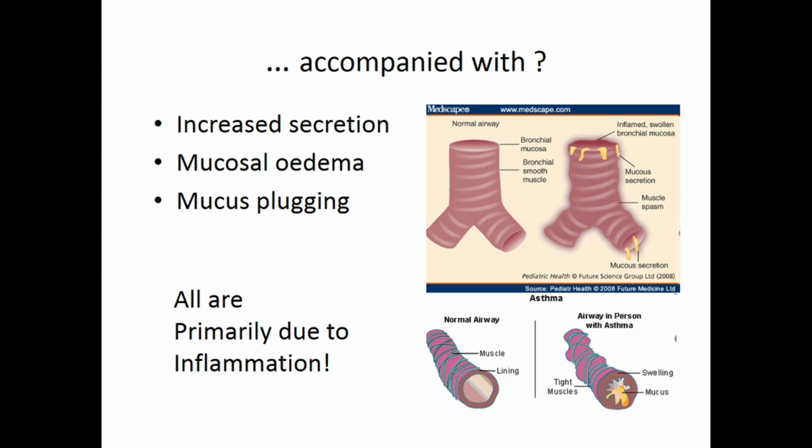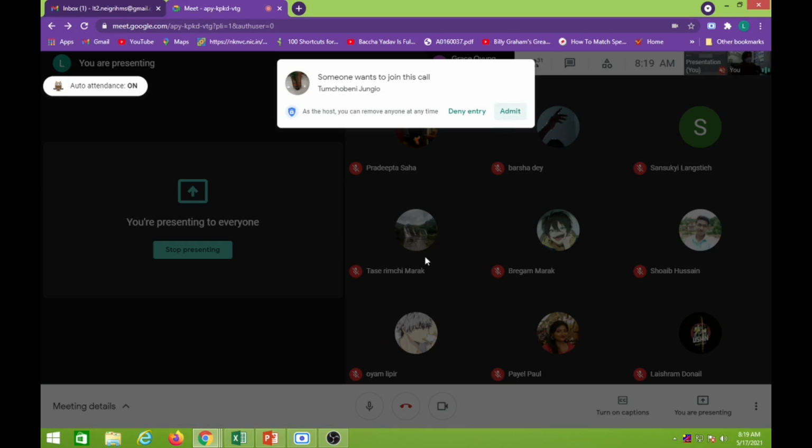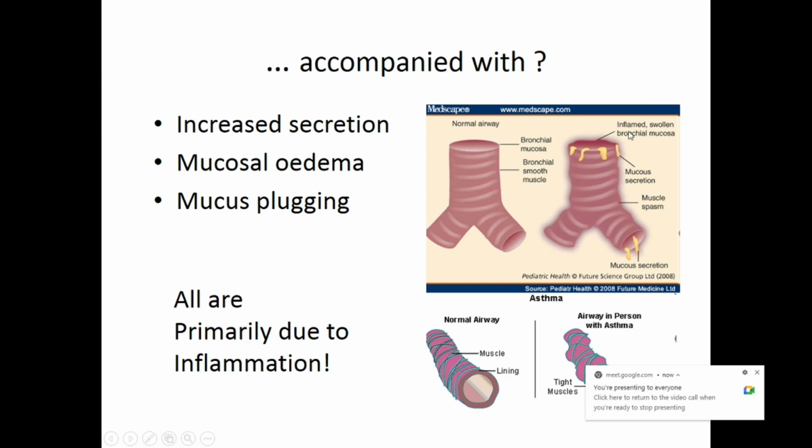A normal airway, which is very smooth, becomes inflamed and swollen, and it causes edema, and then there is so much mucosal secretion. This is the pathophysiology I'm showing you here: inflamed, swollen bronchial mucosa with all these secretions.